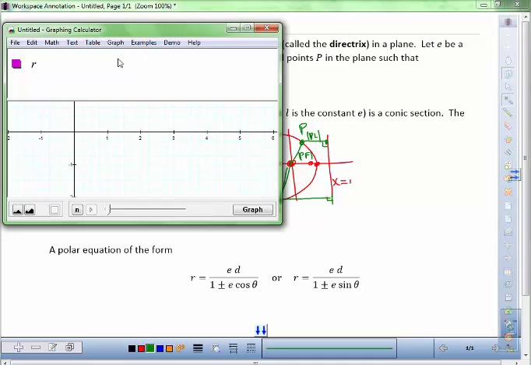I'll say R is equal to, and for D, let's just let D equal to 1, our directrix. And let's let our eccentricity equal to 1/2, just for starters. The 1/2 divided by 1 plus 1/2 cosine theta.